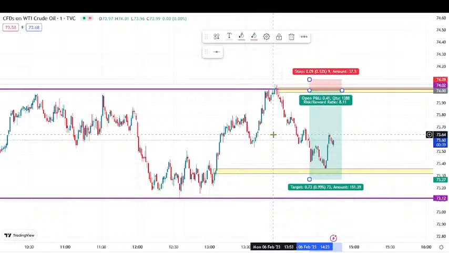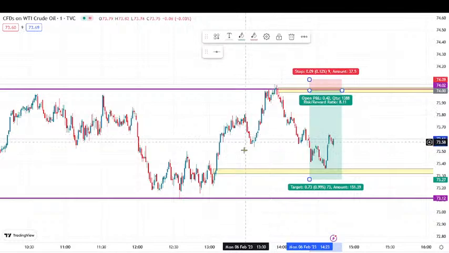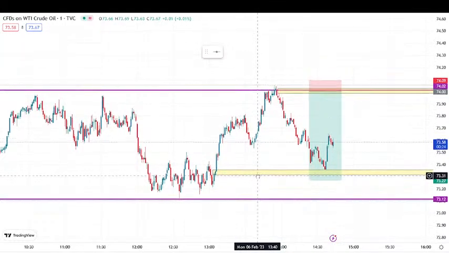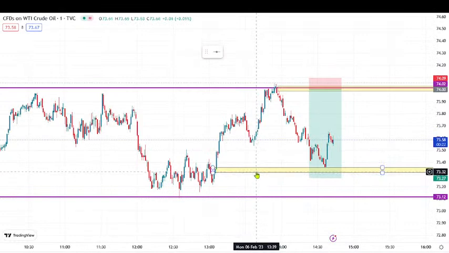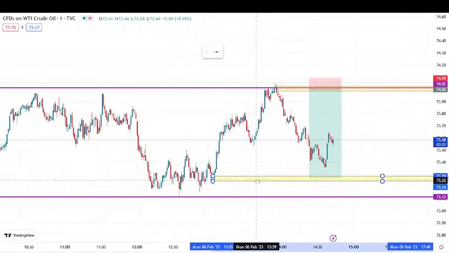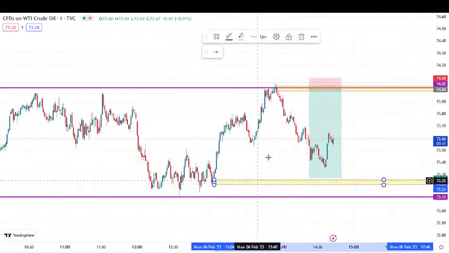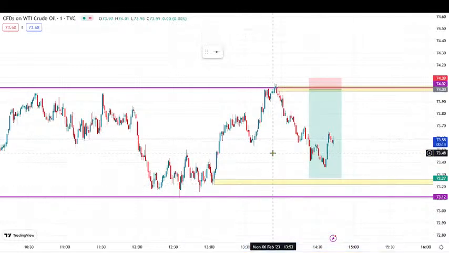So this sounds like a 1:2 position, where the risk here is 1500 points and the potential reward, if you're right and the market drops all the way down, is 3000 points.